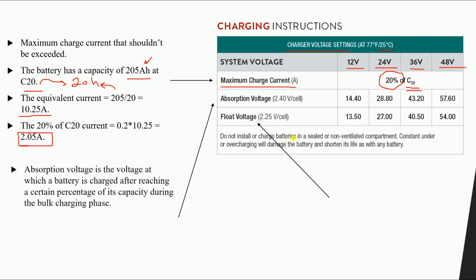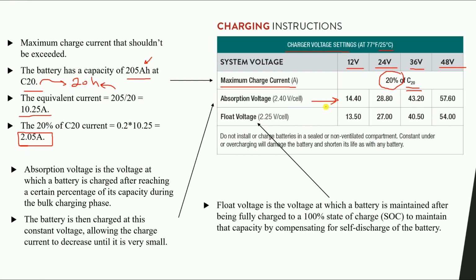Now the second part, which is the absorption voltage. If we are working at 12 volts, the absorption voltage will be 14.4 and the float voltage will be 13.5. We talked before about the absorption voltage and float voltage inside the lesson of the lead acid and lithium ion charging cycle. If you don't remember, the absorption voltage was the voltage after the bulk stage.